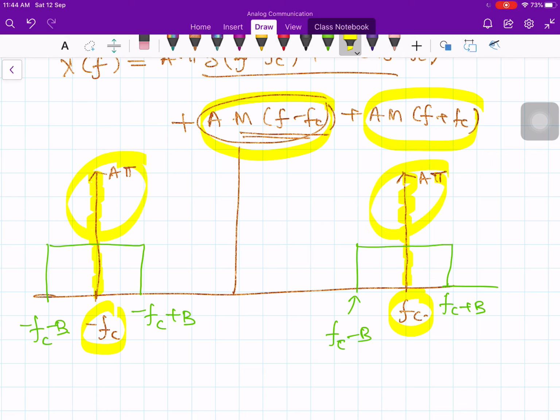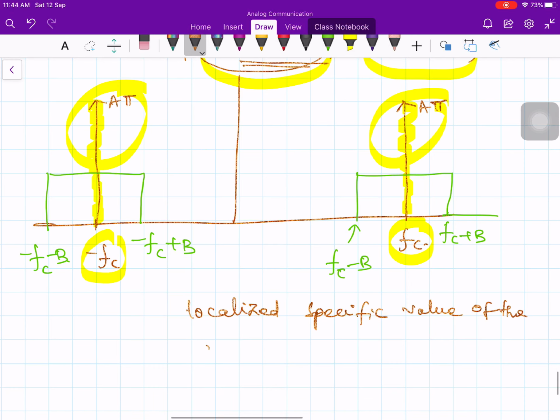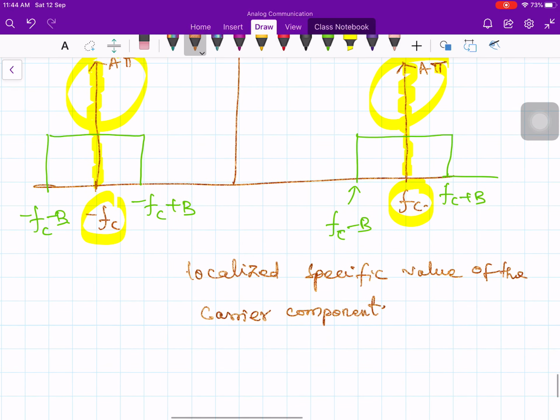So we have a specific value of the carrier component along with the modulated signal. So this is a very important difference between DSBSC and DSB with carrier.